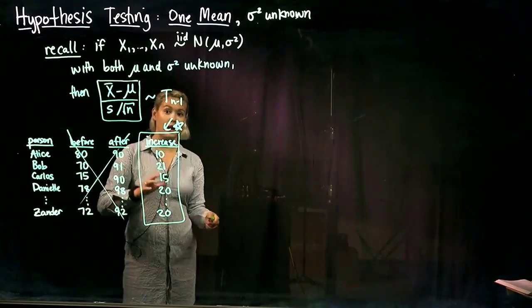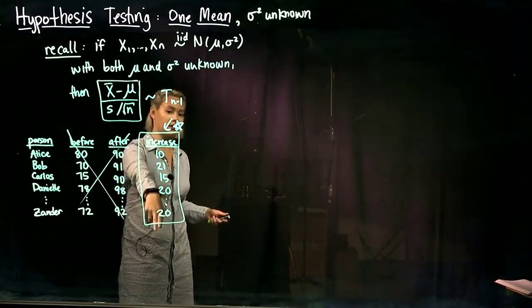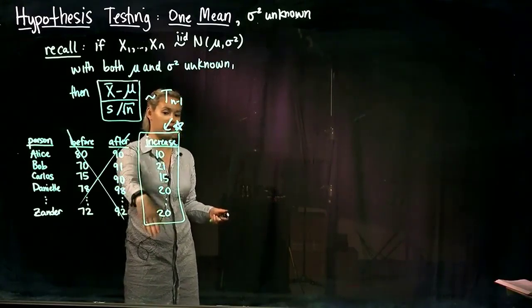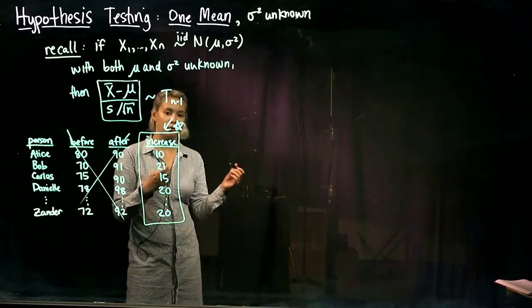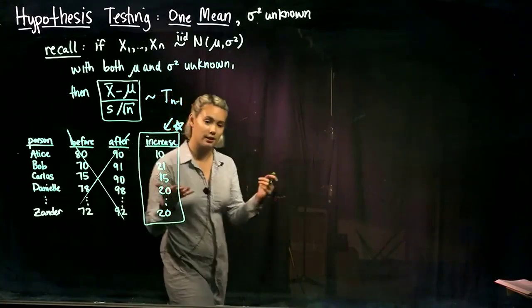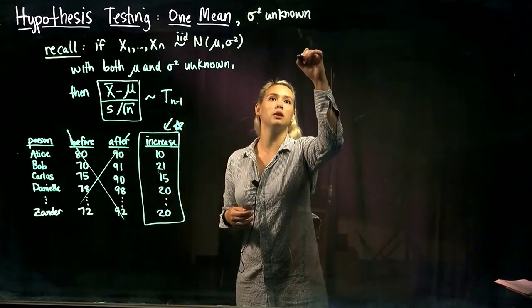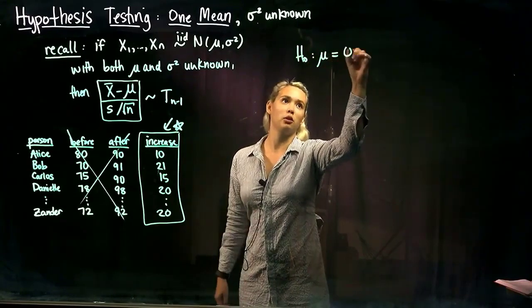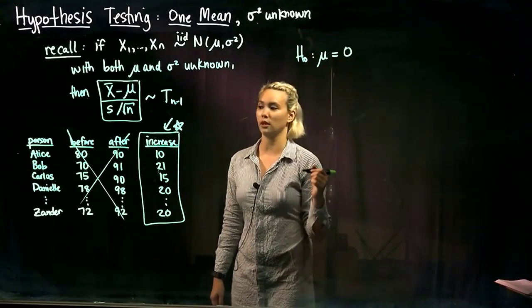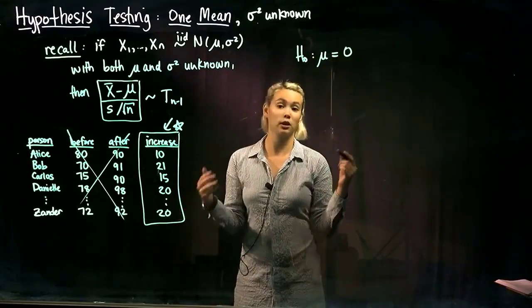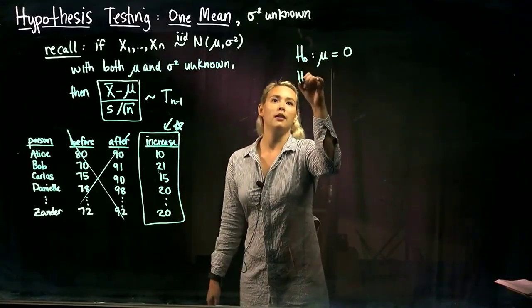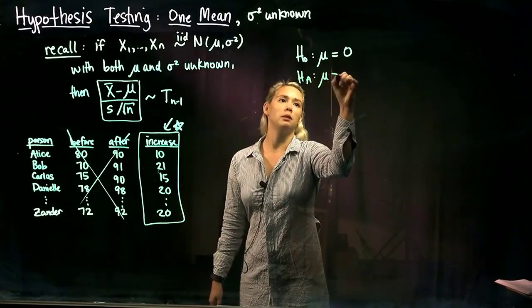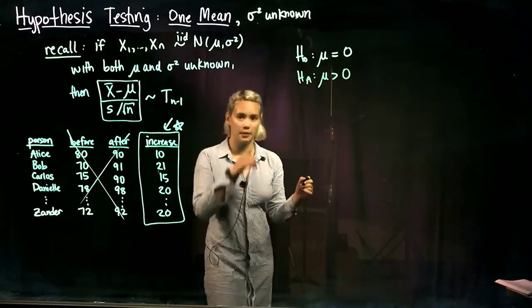Now we could go ahead and do a hypothesis test using just that variable. If we wanted to see whether there was an improvement, the null hypothesis would be there's no improvement, meaning mu is equal to 0, meaning the mean increase is 0. And if there is improvement, then mu is greater than 0.